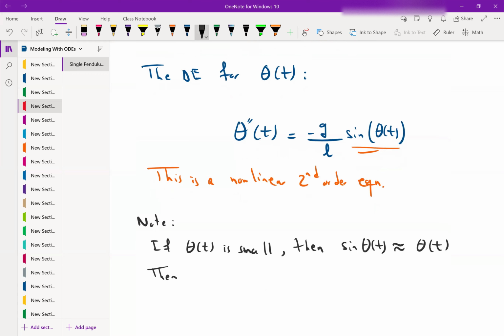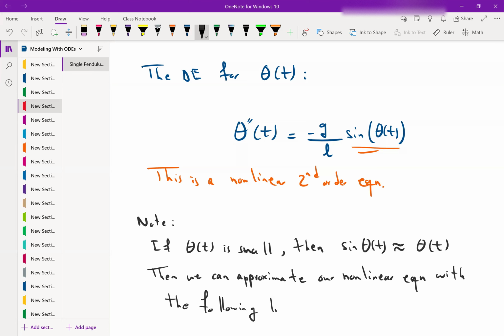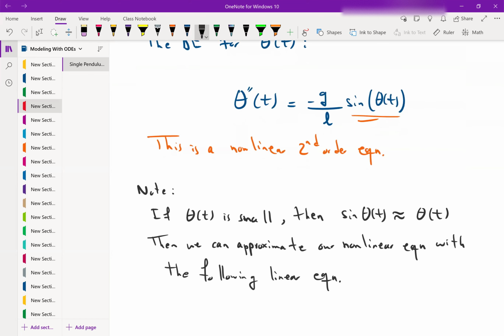Then we can approximate our nonlinear equation with the following linear equation, which is theta double prime is equal to negative G over L, which is a constant, times theta.